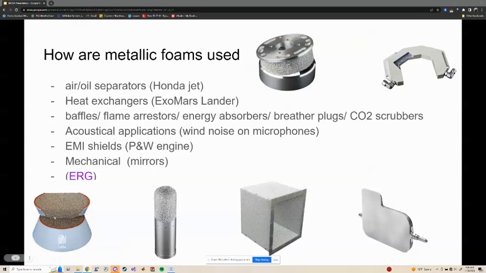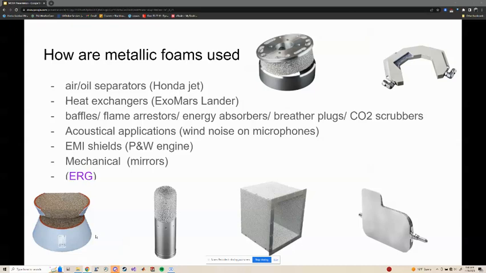CO2 scrubbers, they were used or are used actually in the International Space Station. They require both a heat exchanger and a form of a trap for its media. Uses some chemical pellets to help scrub CO2 out. And the porous structure of a metallic foam both holds that media as well as transfers heat well and provides an ideal application for metallic foams.